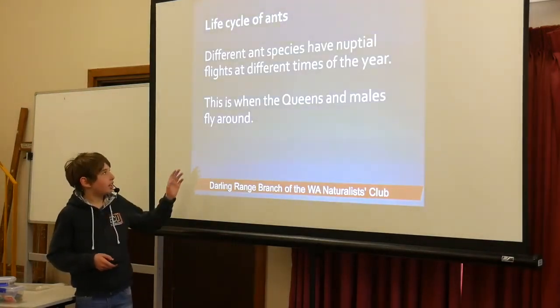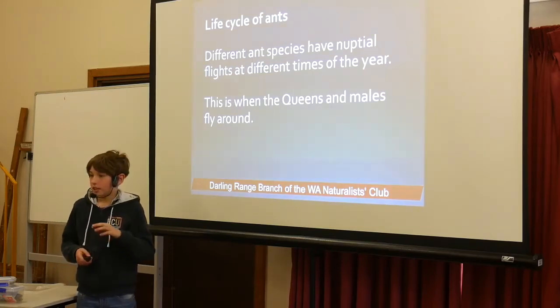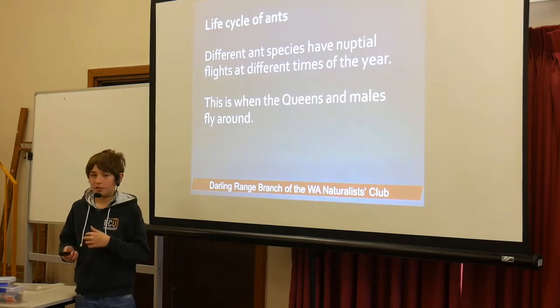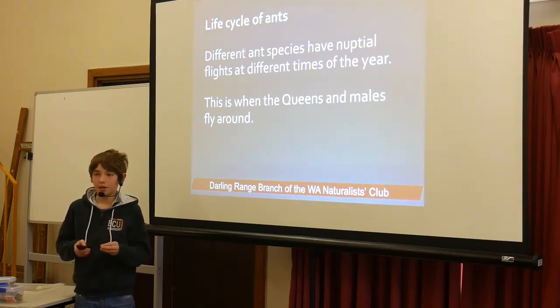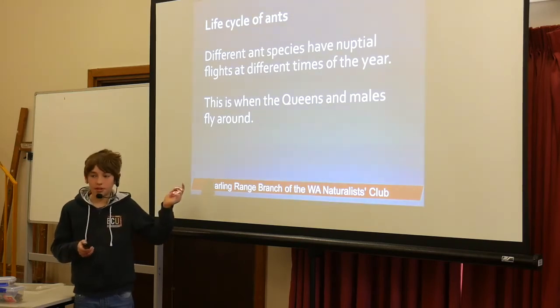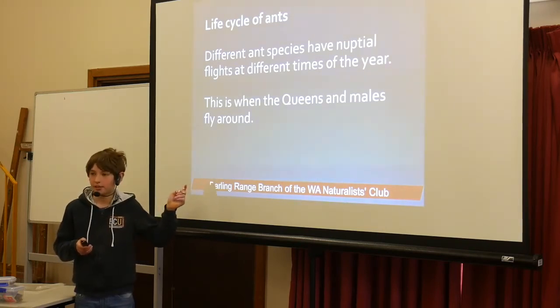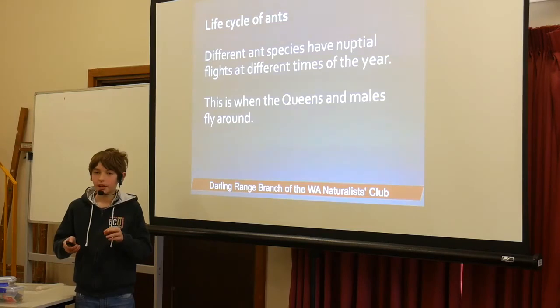So, the life cycle of an ant. During one time of the year, depending on the species, there will be a big nuptial flight where the virgin queens and males will fly up, because remember from that picture before of the Camponotus, they have wings. The males will mate with the queens, and then the males die because they're not needed anymore.